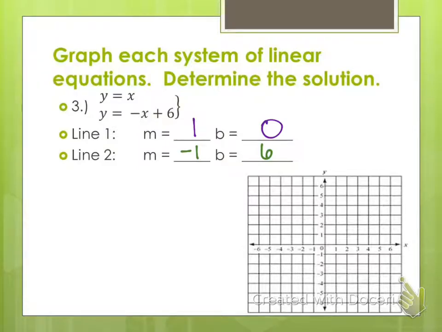So line 1, I was using purple. My y-intercept is 0, so that's where I'm starting off. I put a point at the origin. I need to get more points using my slope. This is what we reviewed yesterday. If I wanted my slope to be a fraction, I would put the 1/1. So that means my rise and my run are both +1. They're both positive.